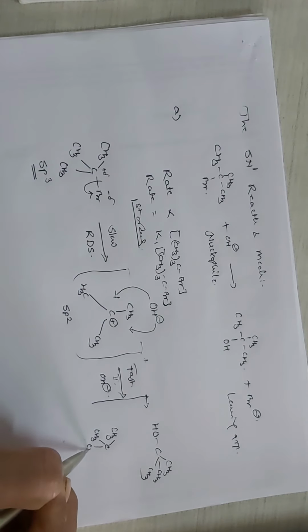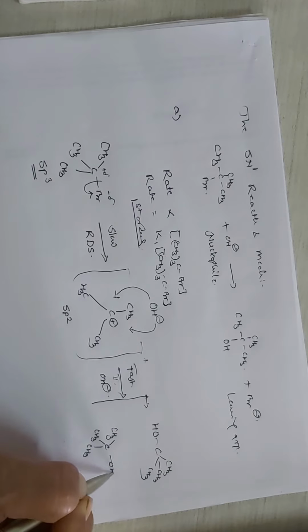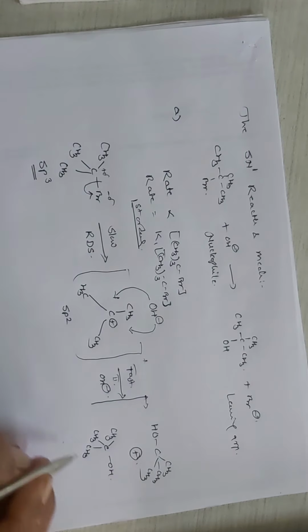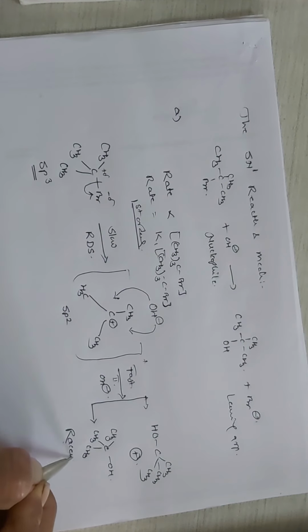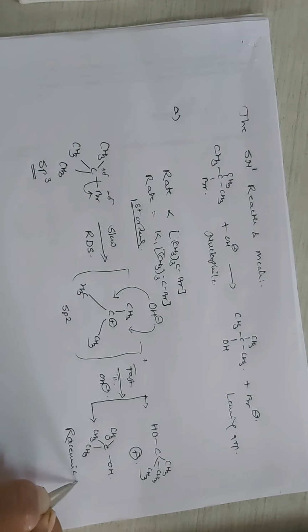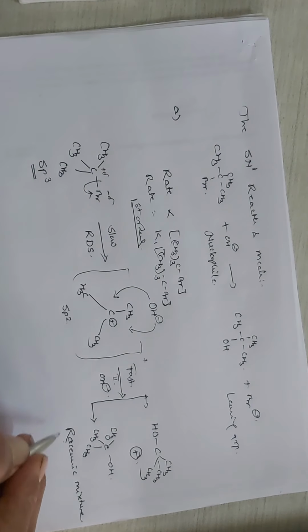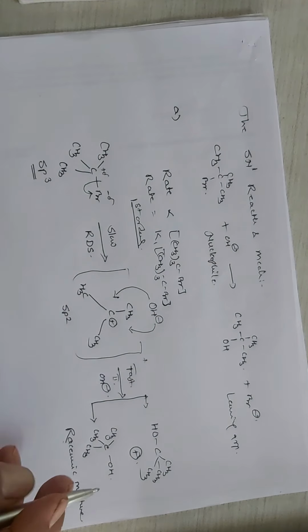Inversion and retention in configuration means this is obtained as an overall racemic mixture. And so it is considered that the reaction proceeds with 100% racemization, meaning you get both the enantiomers in equal proportion.